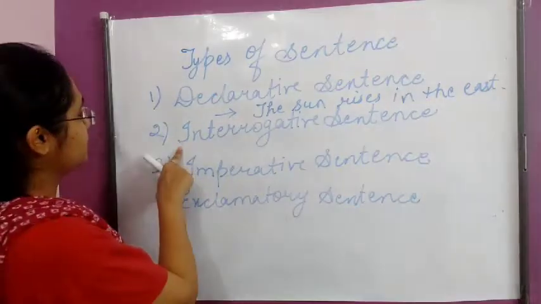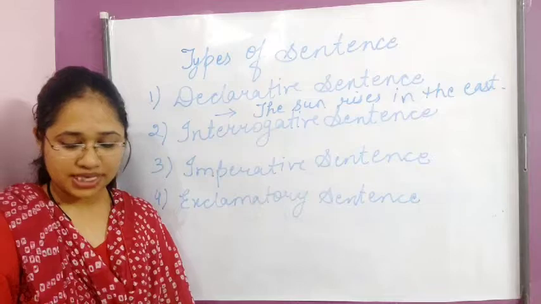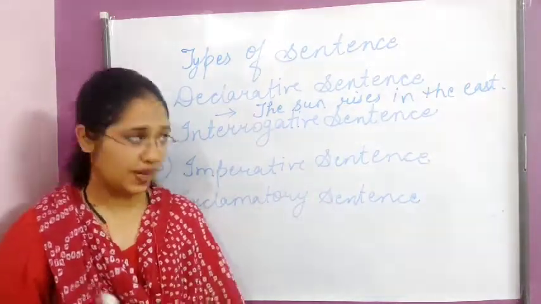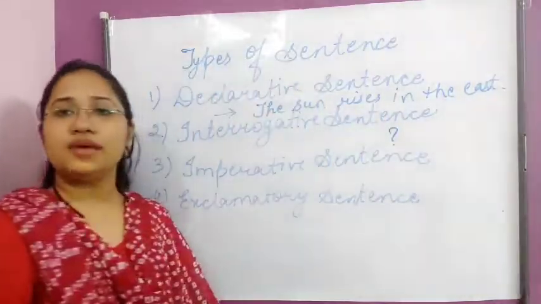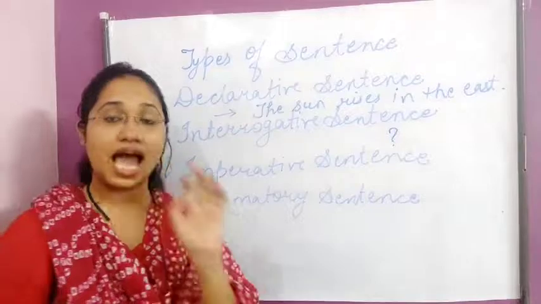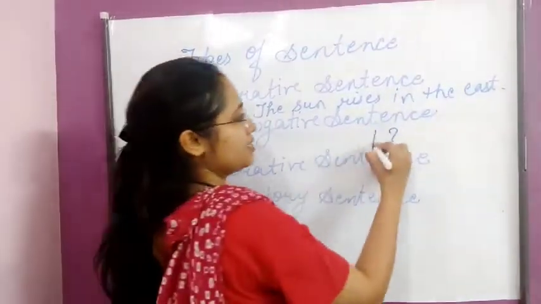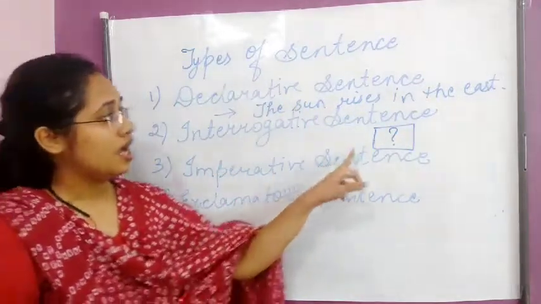Now, the second number is interrogative. What do you mean by an interrogative sentence? That means a sentence which asks a question and ends with a question mark. For this kind of sentence we have to understand only one thing, that the sentence ends with the question mark.